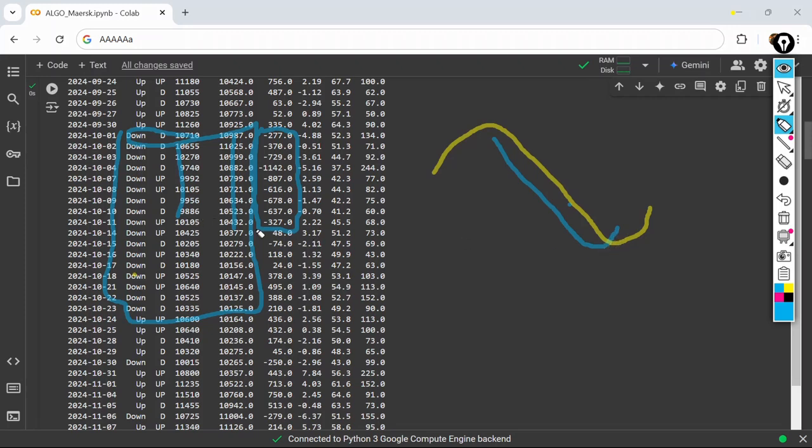Right now you can see in this example the closing price is 10,425 and the model price is 10,377, and the difference is plus.